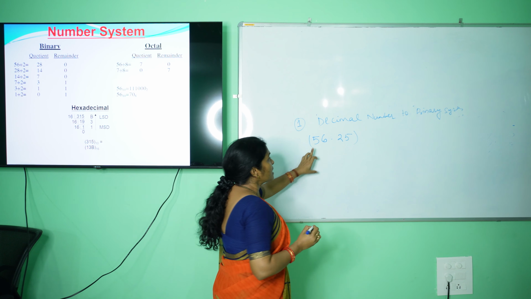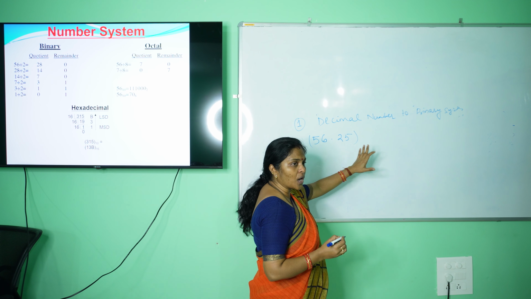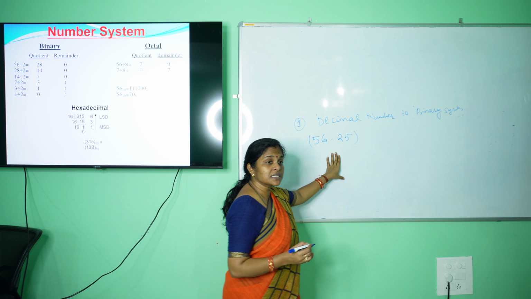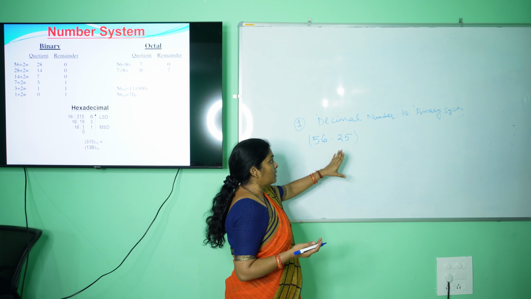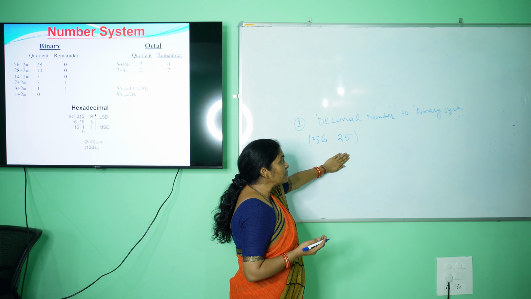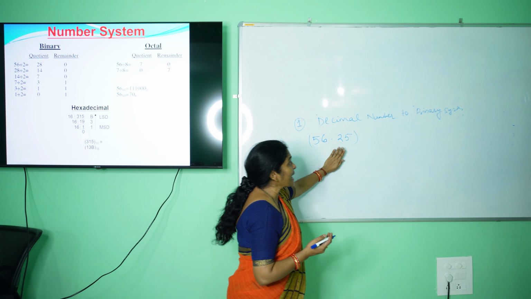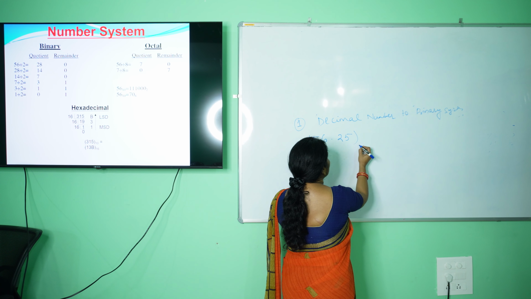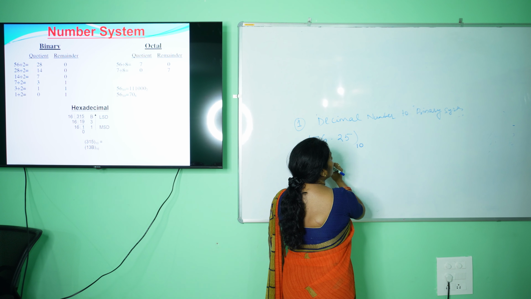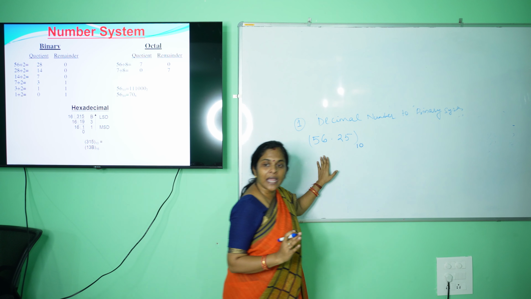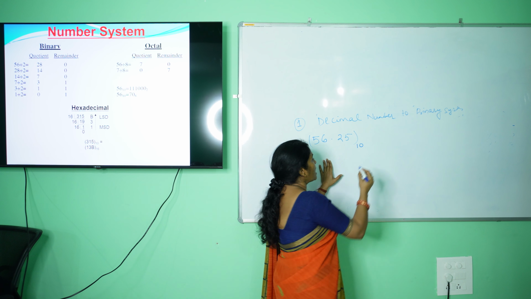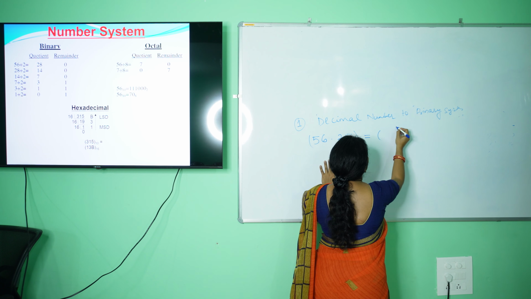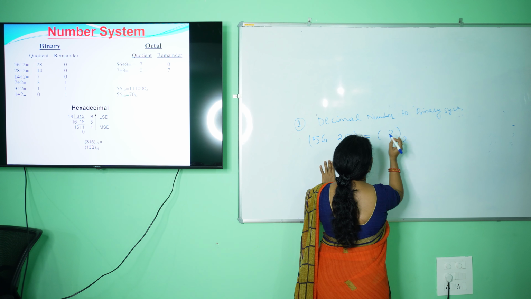Here the numbers are 5, 6, 2, 5, all come under decimal. But this number system can be octal, it can be hexadecimal. That's why you have to put the base. And if I put the base 10, it is understood that it is a decimal number system. And I want to convert it to binary.